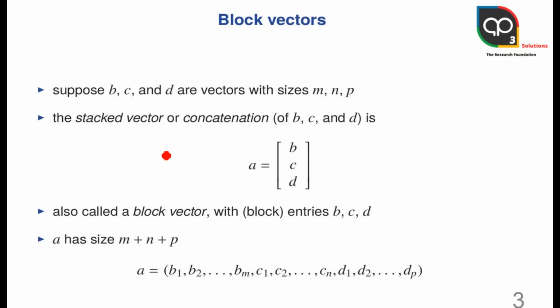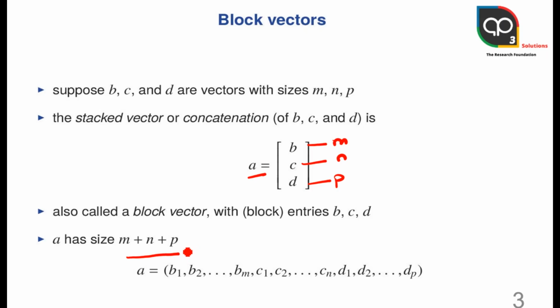It is sometimes useful to denote vectors by concatenating or stacking two or more vectors. Let me have a vector a which has b, c and d, where b, c and d are also vectors. If b is an m-vector, c is an n-vector, and d is a p-vector, this defines an (m plus n plus p)-vector.